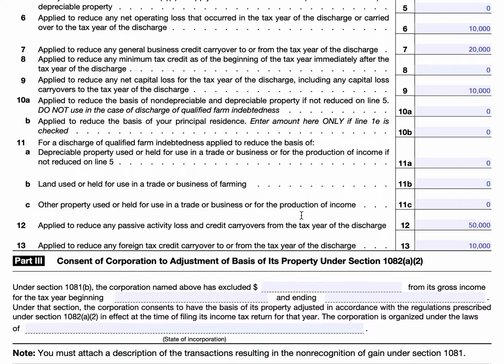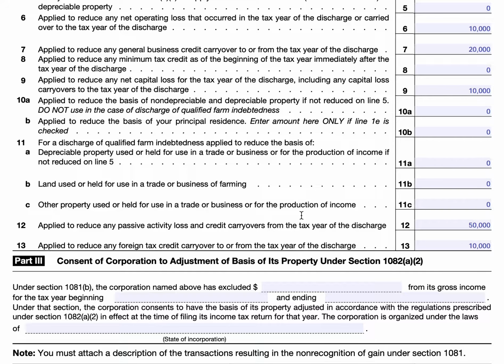So under section 1081(b), there's a section that prescribes a general rule for ordering property or debt discharge. So adjusting the basis of property in accordance with regulations prescribed under Internal Revenue Code section 1082.